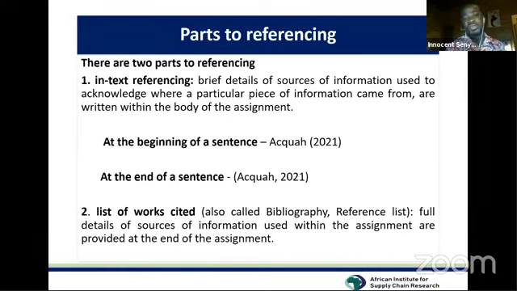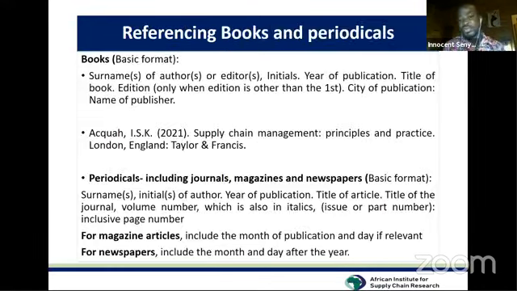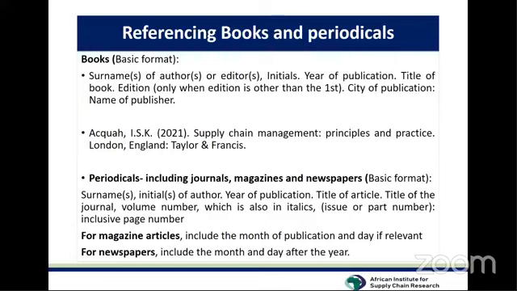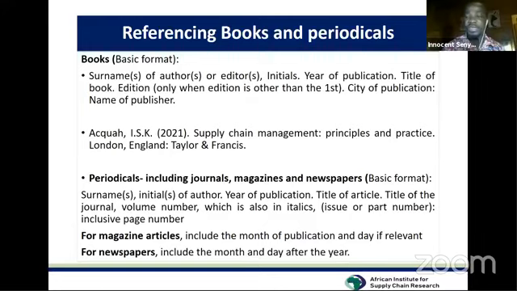Now, referencing books and periodicals. Usually, they are the main things we use in our academic writing, even though there are several others. The main ones include the books and the periodicals. And in simple citation of a book, the basic format is we require you to provide the surname of the author or the authors.